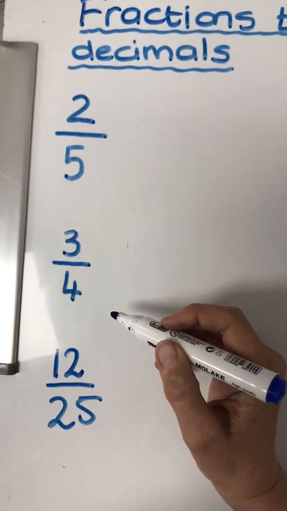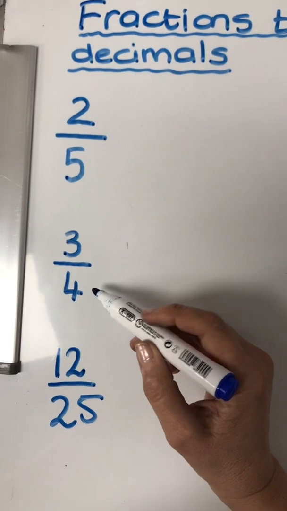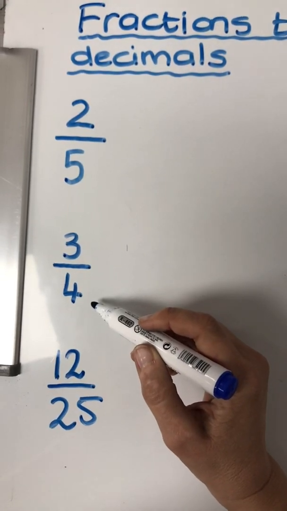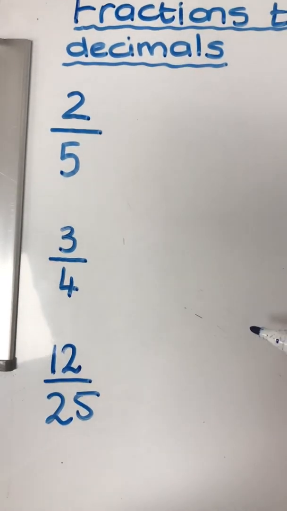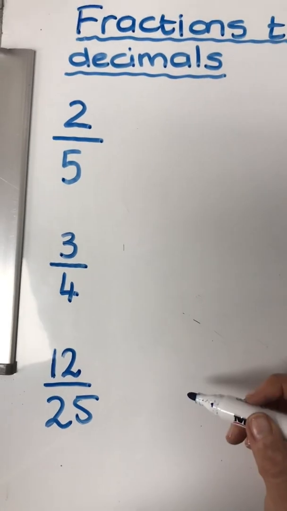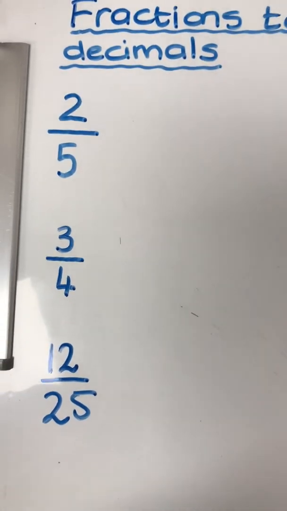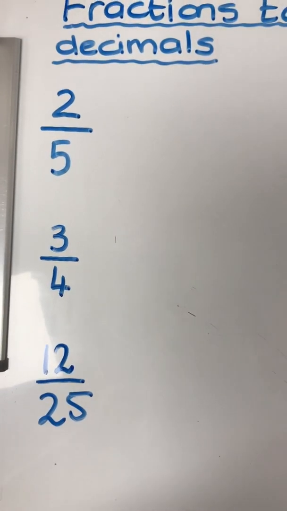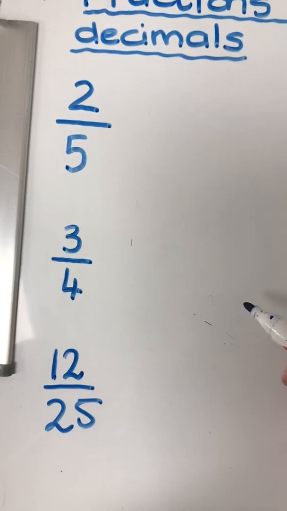We look at the 4, and if you know your 25 times tables, you'll know that 4 can be multiplied by 25 to get to 100, and 25 can obviously be multiplied by 4 to get to 100. So the secret is to convert your fractions either to tenths, hundreds, thousands, or 10,000s for that matter.